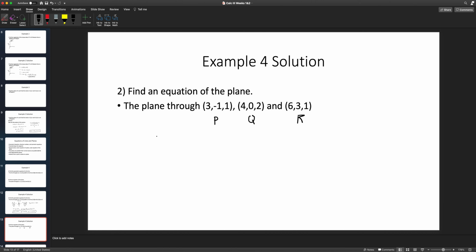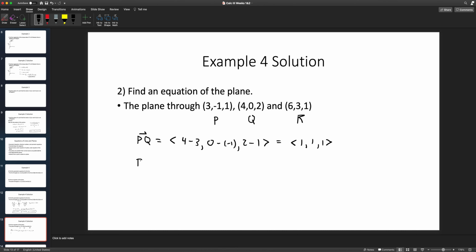Then what we're going to do is find what the vector PQ looks like in component form. So we have 4 minus 3, 0 minus a negative 1, 2 minus 1. So PQ in component form will be <1, 1, 1>.